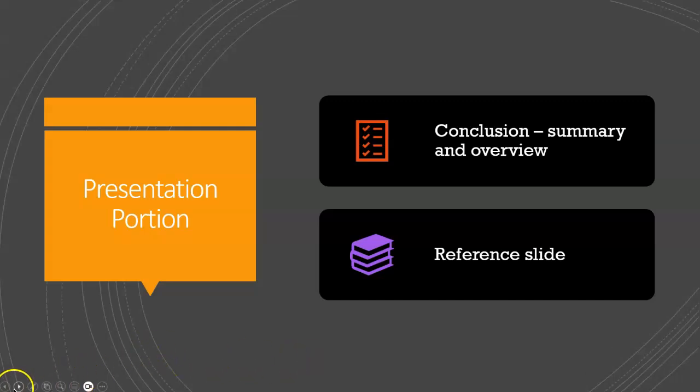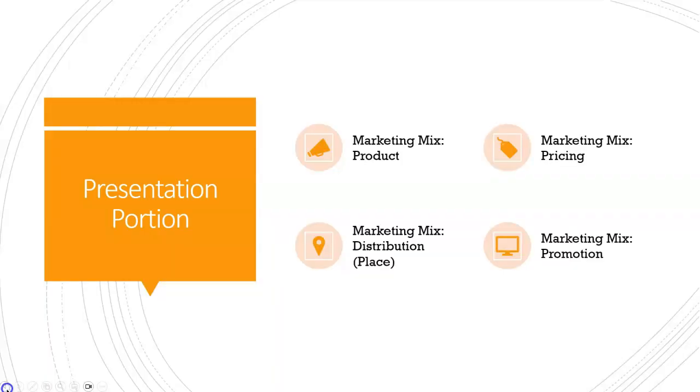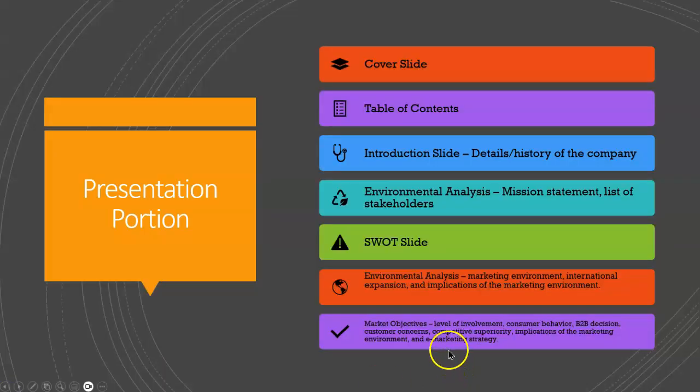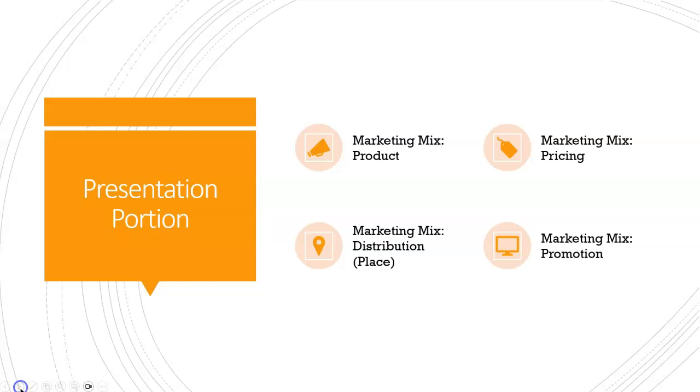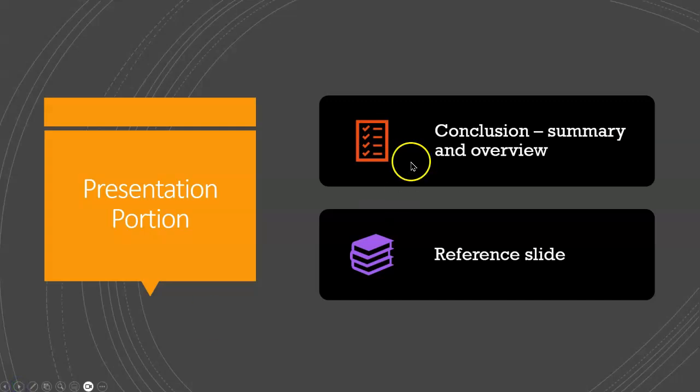Alphabetically. So if we count up all these slides, you should have a total of 1, 2, 3, 4, 5, 6, 7, 8, 9, 10, 11, 12, 13. So at a minimum, you should have 13 slides.